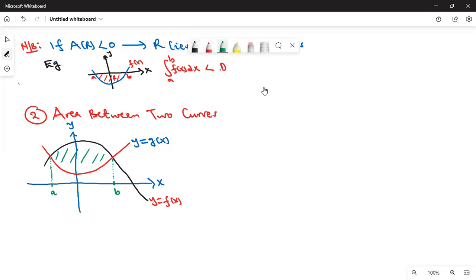So this is the formula: the area of the region R is equal to the integral from A to B of f of x, the bigger area, minus the smaller area, f of x minus g of x dx.